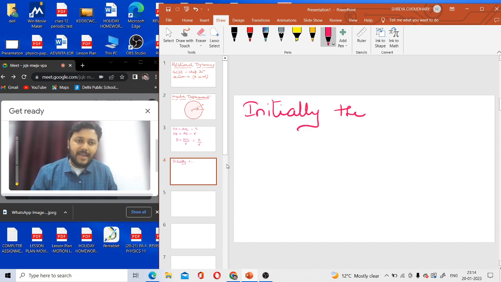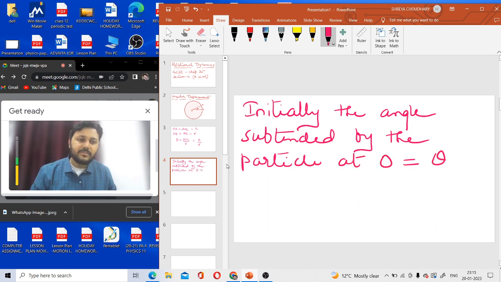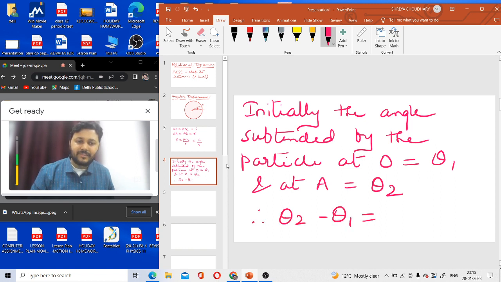So let us mark over here that initially the angle subtended by the particle at O is equal to theta 1 and at A is equal to theta 2. Therefore, theta 2 minus theta 1 can also be termed as delta theta.